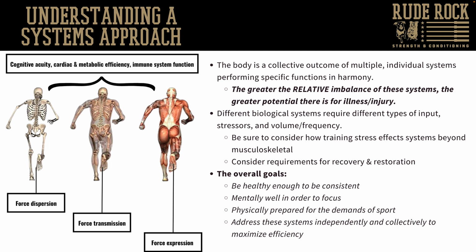But just because we wear a hat that says strength and conditioning, it doesn't mean that we are ignorant to or we neglect things like cognitive acuity, cardiac and metabolic function, immune system function.